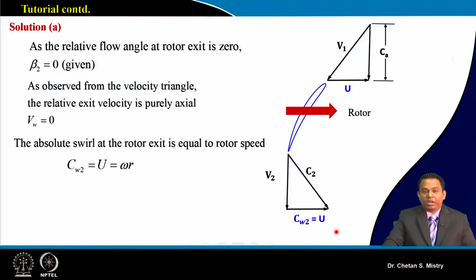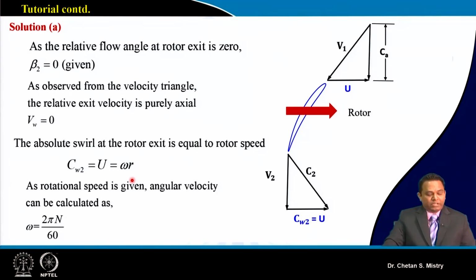So here, this gives us a hint of how to start with the calculation of different velocity components. The very first calculation we can do using the data given to us. It says my CW2 is equal to u, which is equal to omega into r.